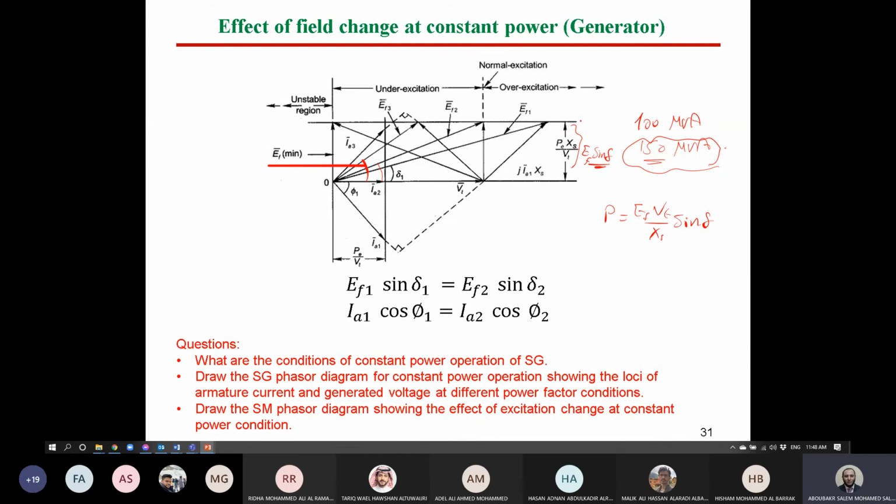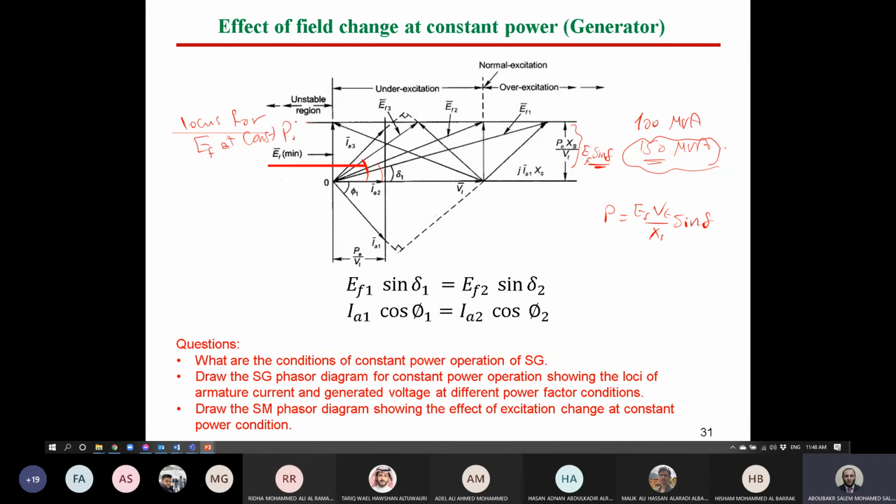So we can say this line here represents a locus for excitation voltage E_F, or generated voltage, at constant power. So this line again is the locus for E_F at constant power.